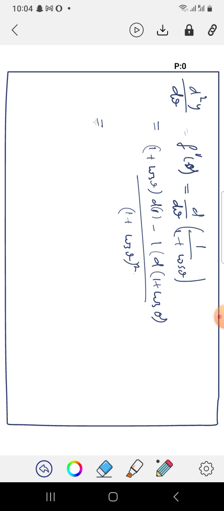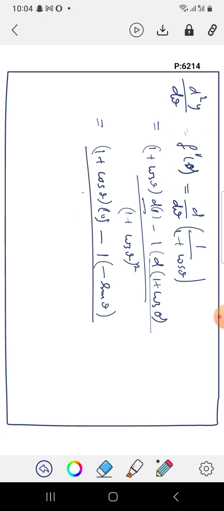Okay, this is going to give us 1 plus cos theta times 0, because when you take the derivative of a constant, it gives you 0, minus 1 times the derivative of this, which is going to give us minus sine theta, everything over 1 plus cos theta all squared.